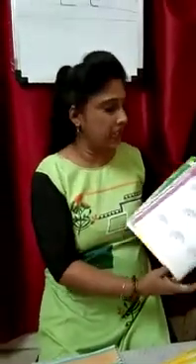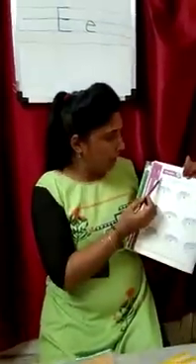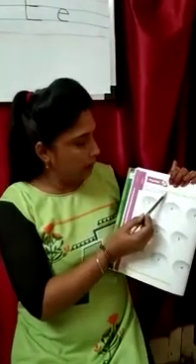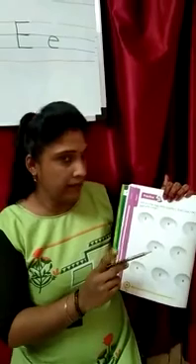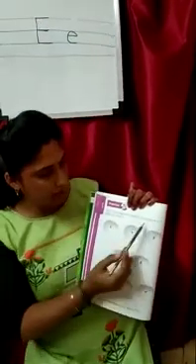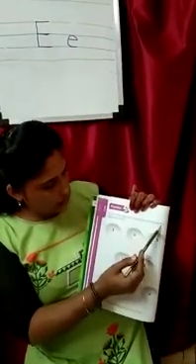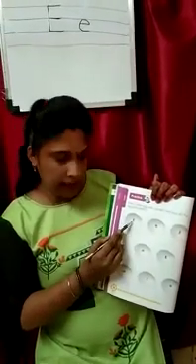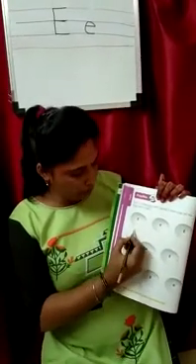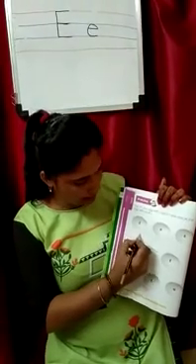See kids, this is an activity. Tick the egg with capital E and cross the egg with small e. Here is capital E, so I will tick.